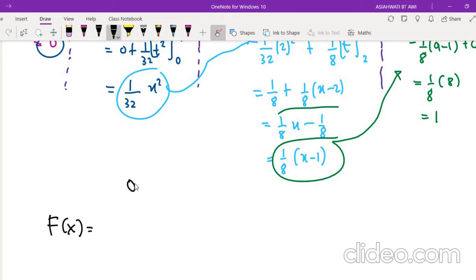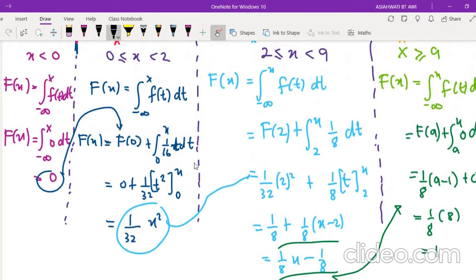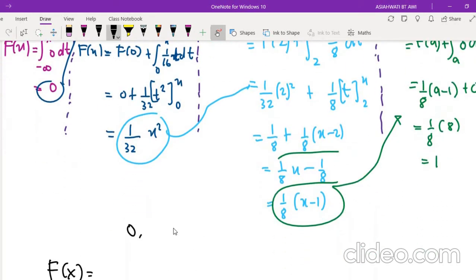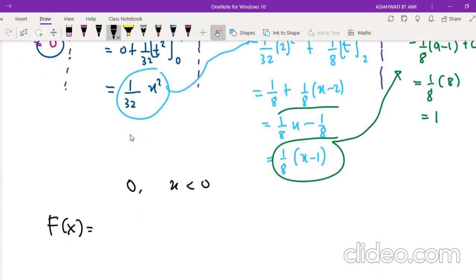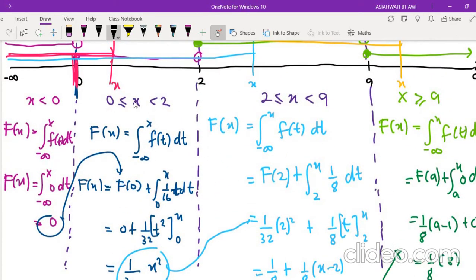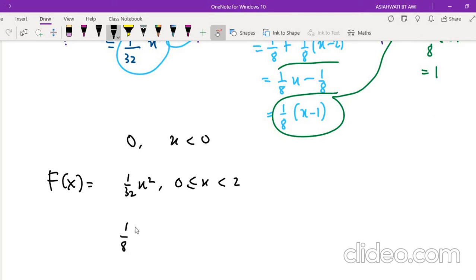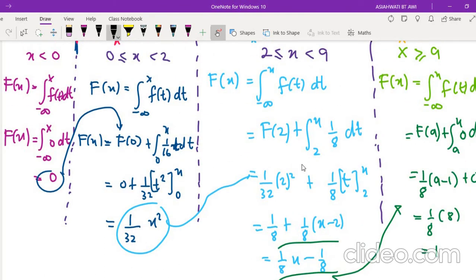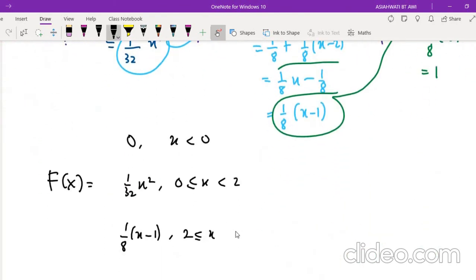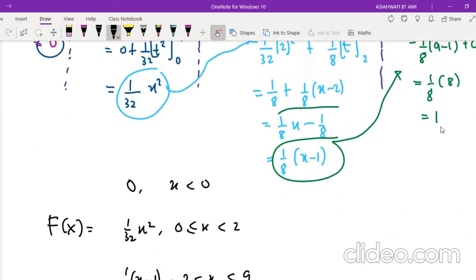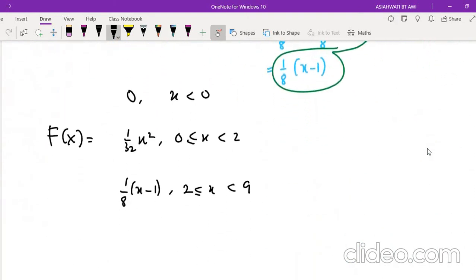It is 0 when x is less than 0; 1 over 32 x squared when x lies between 0 (included) and 2; 1 over 8 (x minus 1) when x lies between 2 and 9; and then 1 when x is more than 9.